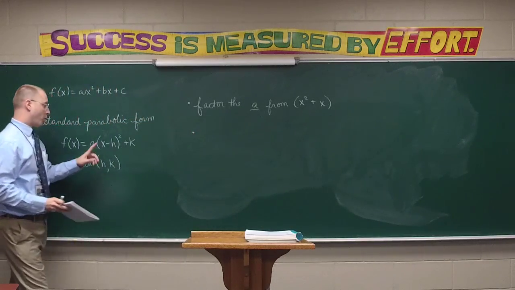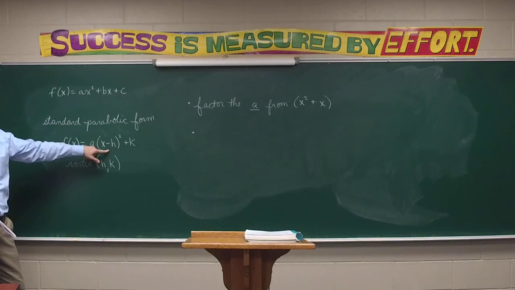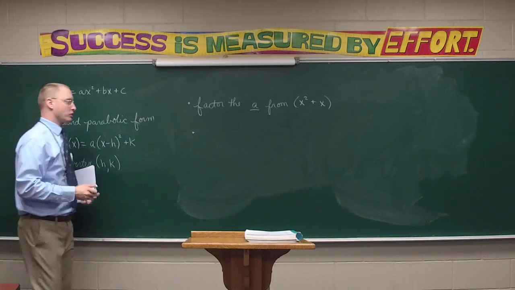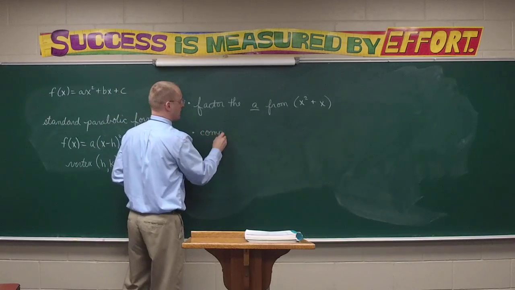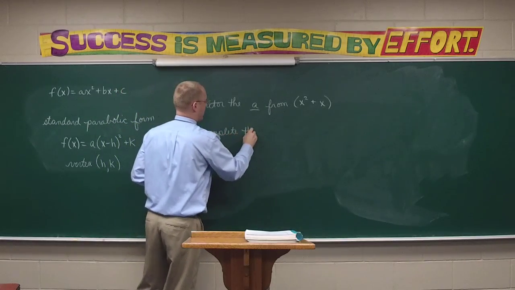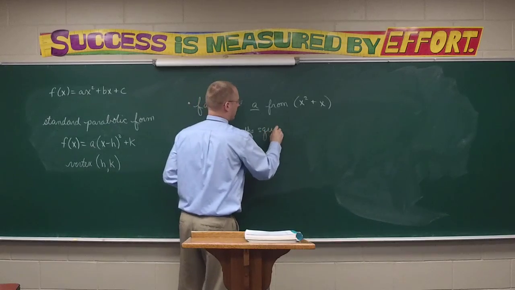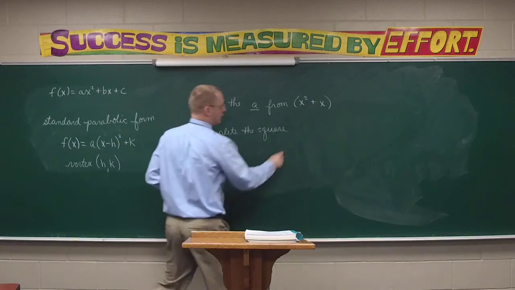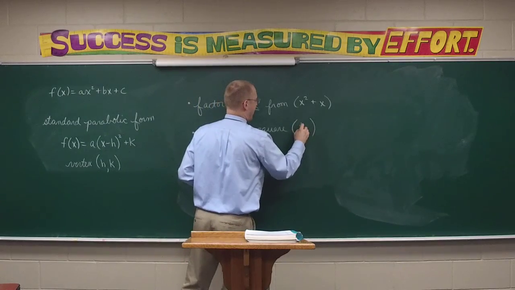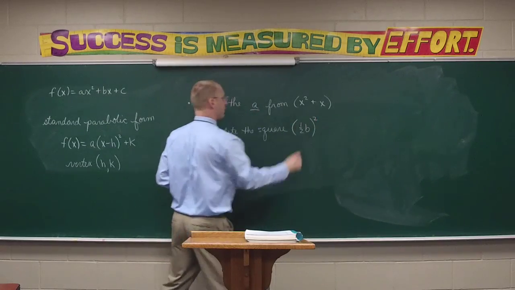Step number 2, we're going to need a binomial squared, correct? When we need a binomial squared, then we're going to need a perfect square trinomial first. So we're going to need to complete the square. Remember, to complete the square, you take half the b value and you square it.